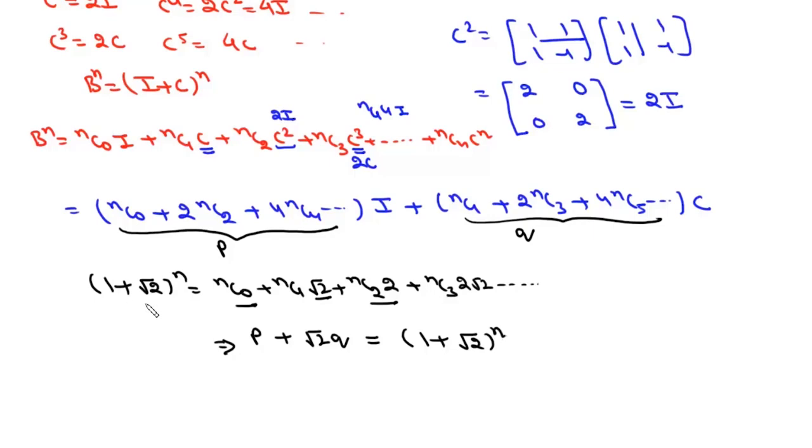And if we take 1 minus root 2, it will be alternate plus minus. Then we'll get P minus root 2 Q, and there will be (1 minus root 2) to the power n.